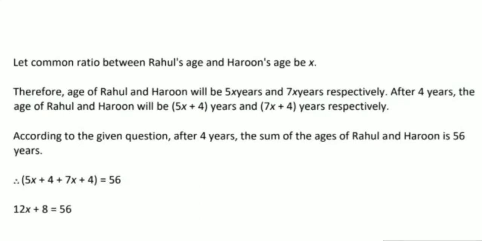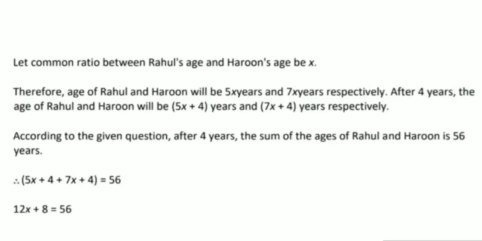After 4 years, the ages of Rahul and Harun will be 5x plus 4 and 7x plus 4. So now according to the question, after 4 years, the sum of the ages of Rahul and Harun is 56 years. So 5x plus 4 plus 7x plus 4 is equal to 56.